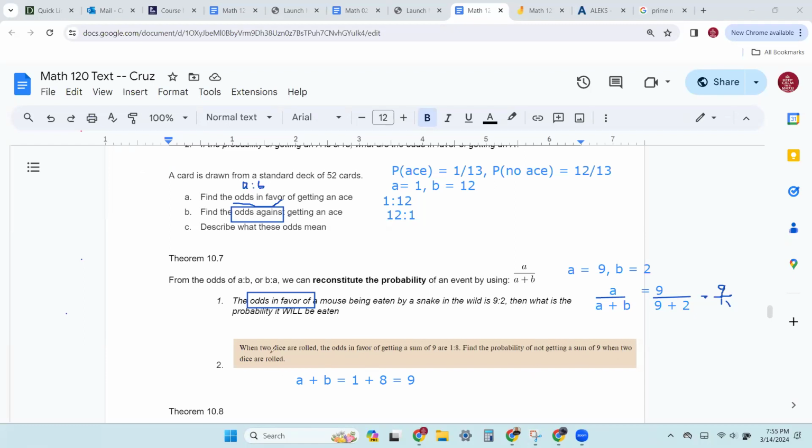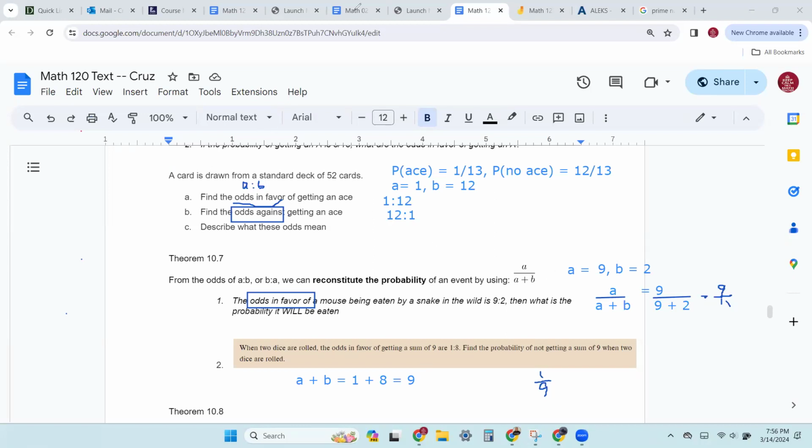So the probability of getting the sum of 9 is 1/9, because A is 1, A plus B is 9. And that is verified by the fact that when we did this earlier, we did one that had the sum of 9, and it was 1/9. So that confirms it.